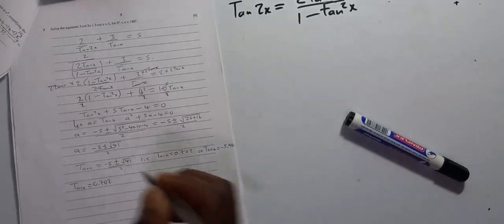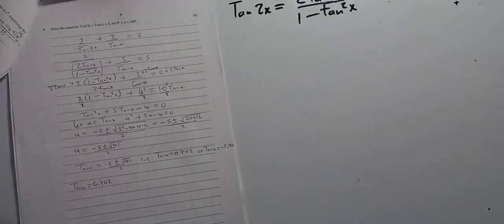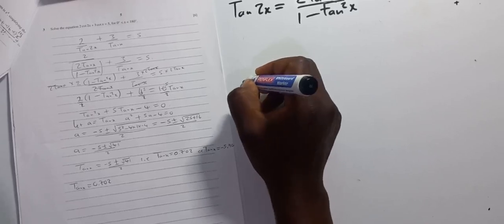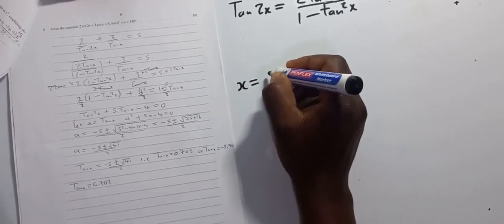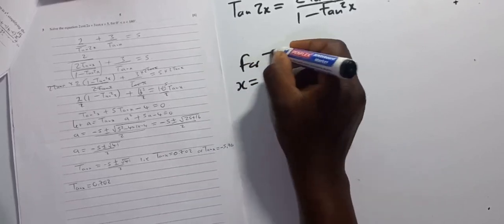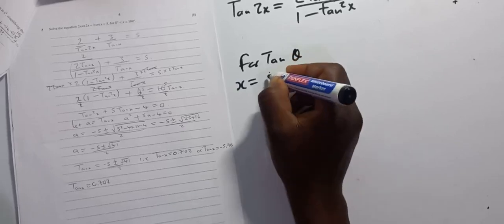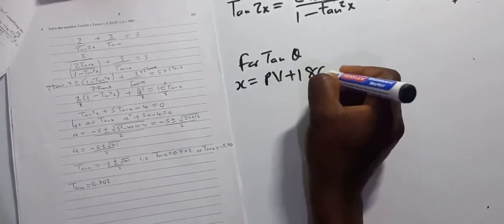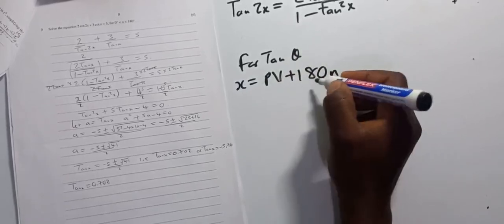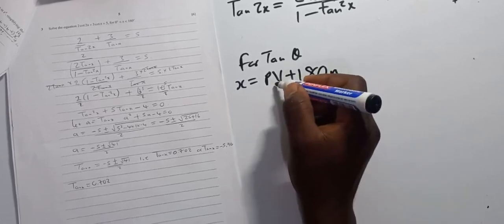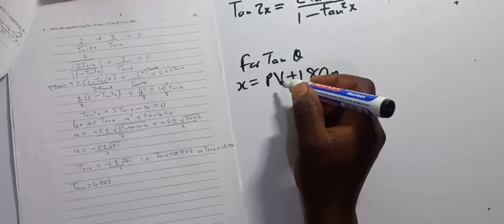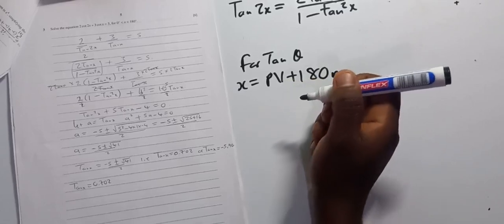We're going to use the rule which says that for tan theta, x equals PV plus 180n, since we are using degrees. PV will be the initial solution which we get when we say tan inverse of 0.702. So we call it the principal value.